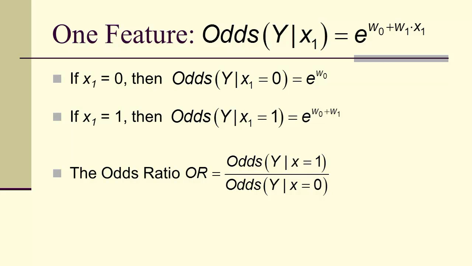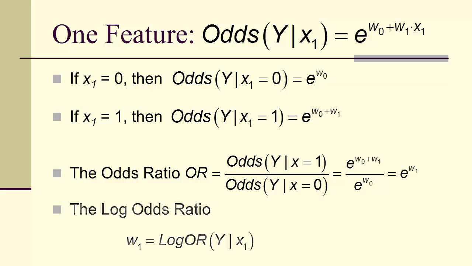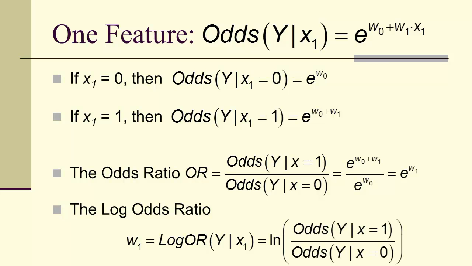The odds ratio of these two, the odds of y given x is 1 to odds of y given x is 0, is e to the W0 plus W1 over e to the W0, and that's e to the W1. So therefore the log odds ratio is W1. It's the natural log of the odds ratio.